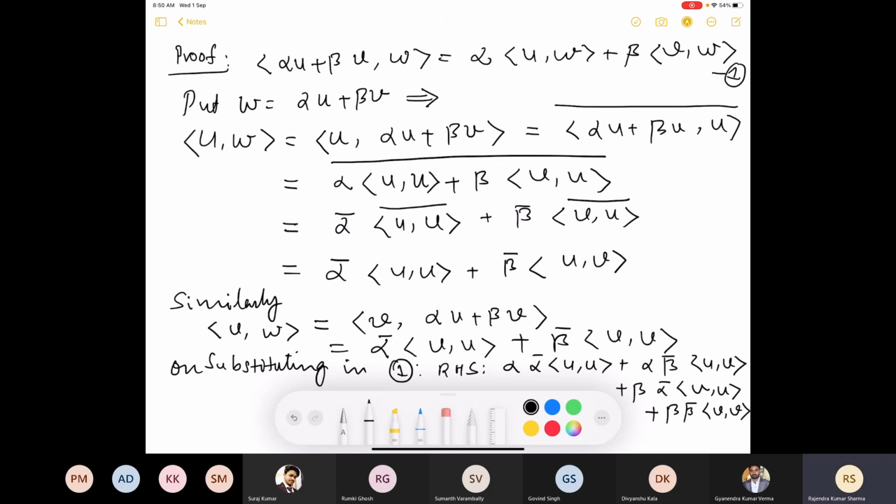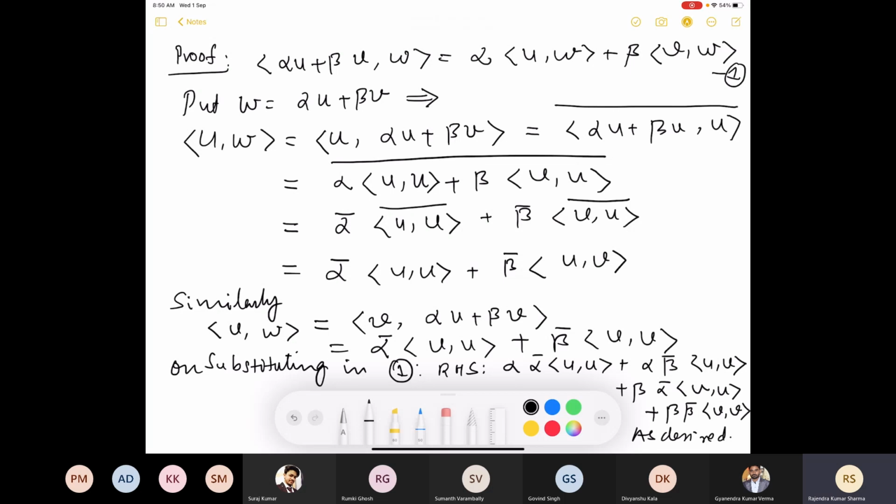So what we get is alpha alpha bar u comma u plus alpha beta bar u comma v plus alpha bar beta v comma u plus beta beta bar v comma v. So this is as desired. So this proves the claim.